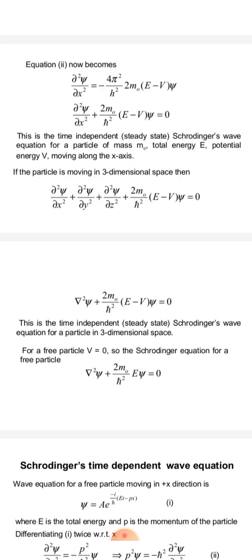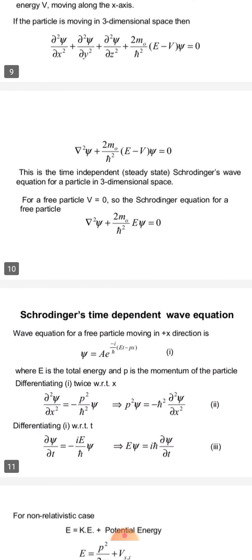This is the time independent Schrodinger wave equation for a particle in three-dimensional space. For a free particle V equals 0, so the Schrodinger equation for a free particle is del squared psi plus 2 m naught divided by h cross squared E psi equals 0.